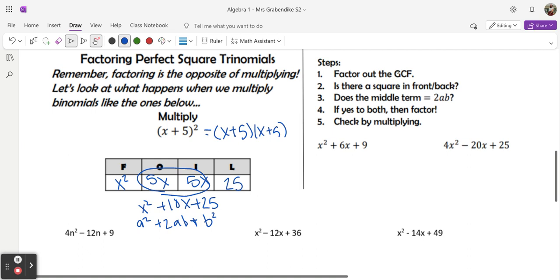Okay, so that's what it's going to tell you to look for in the trick steps, right? So factor out the GCF, always our first step. Is there a square in the front and back, right? Like x squared is squared, 9 is a perfect square, it's 3 squared. Does the middle term equal 2 times a times b? Oh, I'm sorry, 1 is a perfect square. So 2 times 1 times 6 is 12.